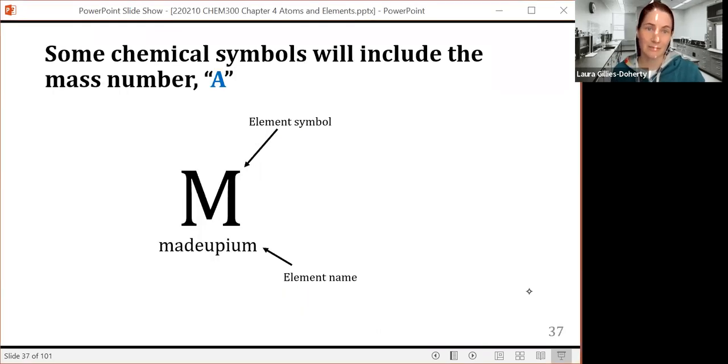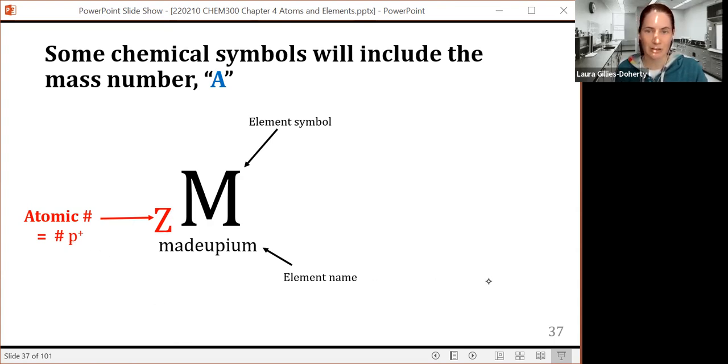Okay. So some chemical symbols are going to include an additional piece of information called the mass number, which we abbreviate with the letter A. So here we have our chemical symbol. I made up an element called mediapium and gave it the symbol M. If the mass number is also going to be listed, the atomic number is going to be lower left next to the element symbol.